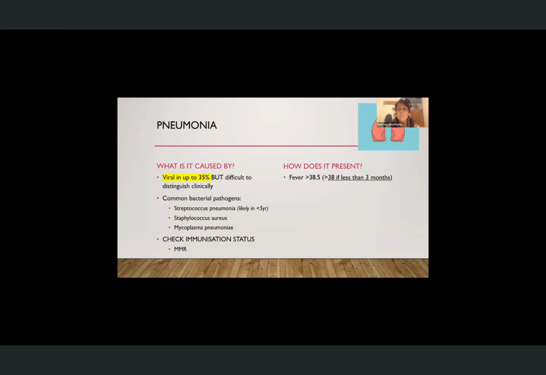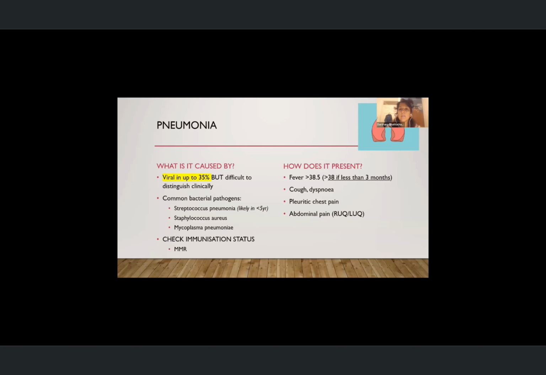Presentation-wise, pneumonia usually presents with a high fever of 38.5. If you're dealing with a young infant, less than 3 months, a temperature of more than 38 is significant and should be addressed. Obviously, children have cough and difficulty in breathing, dyspnea, and some might even complain of pleuritic chest pain.